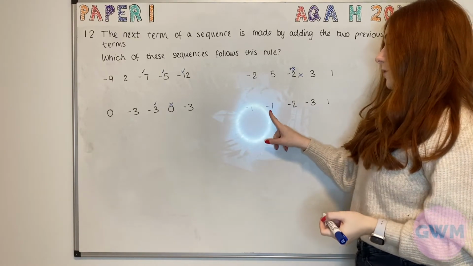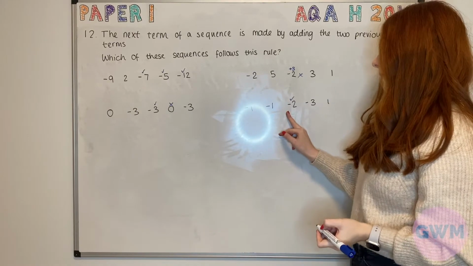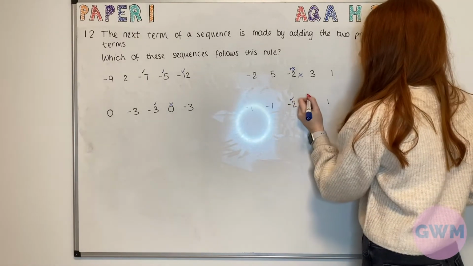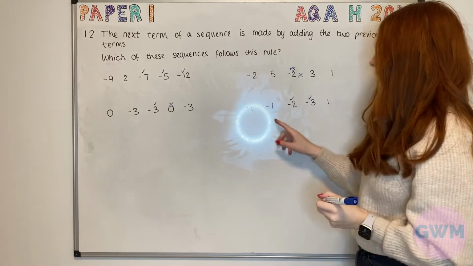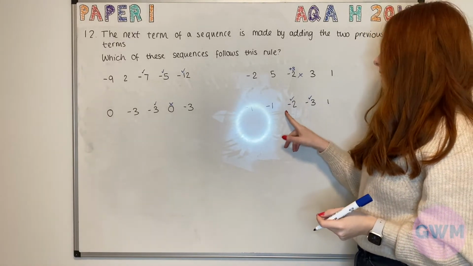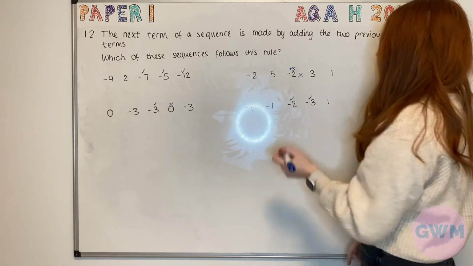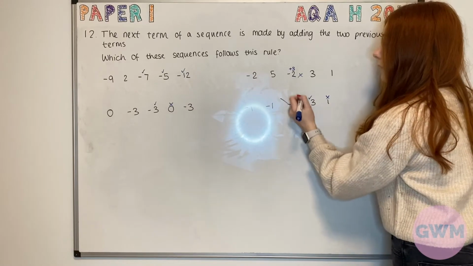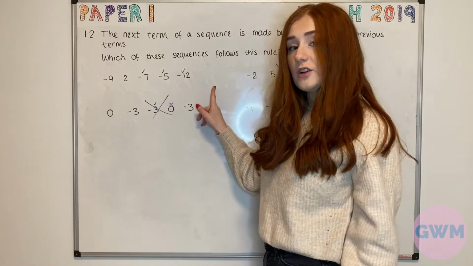Minus 1 and minus 1, yes, it makes minus 2. Minus 1 add minus 1 add minus 2, sorry, yeah, it does make minus 3. But minus 3 add minus 2 really is minus 2 minus 3. Doesn't make 1. So it's not that one, it's not that one, or that one. Means it has to be that first one.